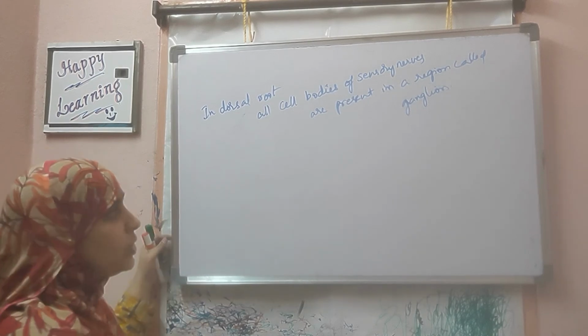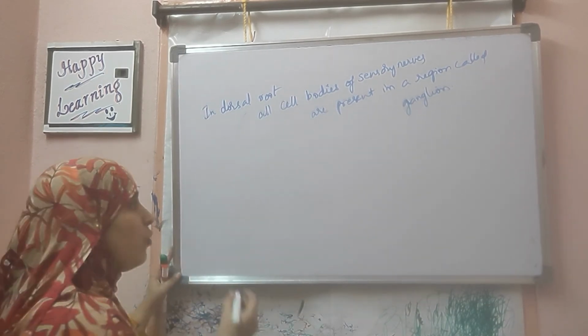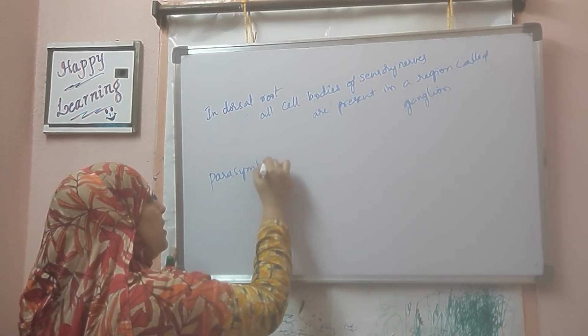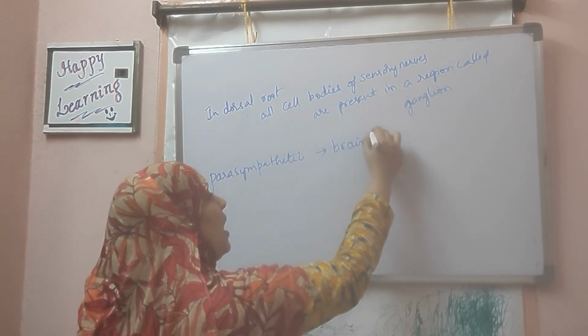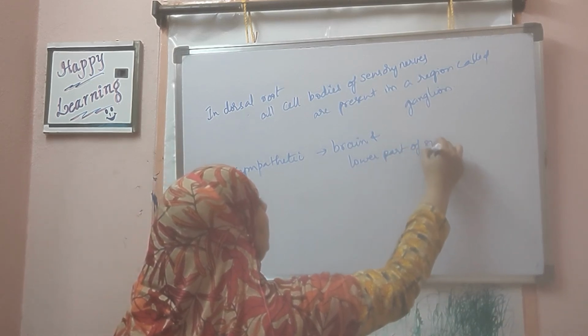Now we discussed the sympathetic and parasympathetic nervous systems, and where they arise. For the parasympathetic nervous system, the nerves arise from the brain and the lower part of the spinal cord.